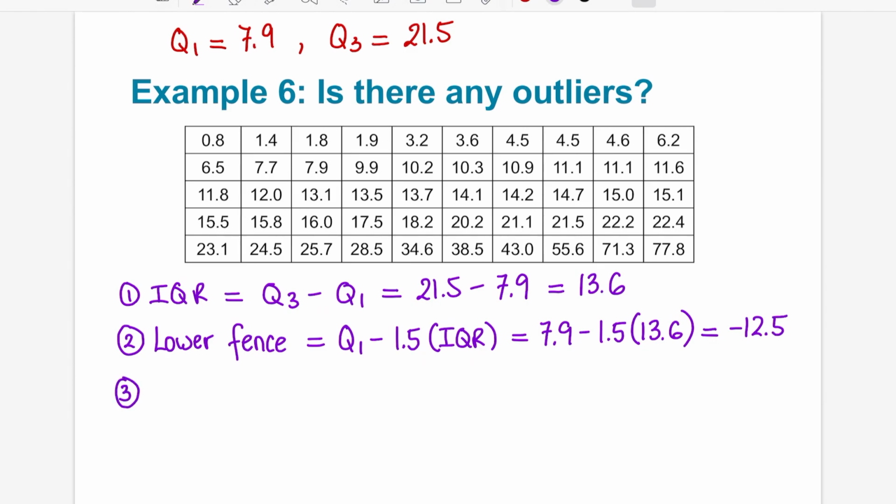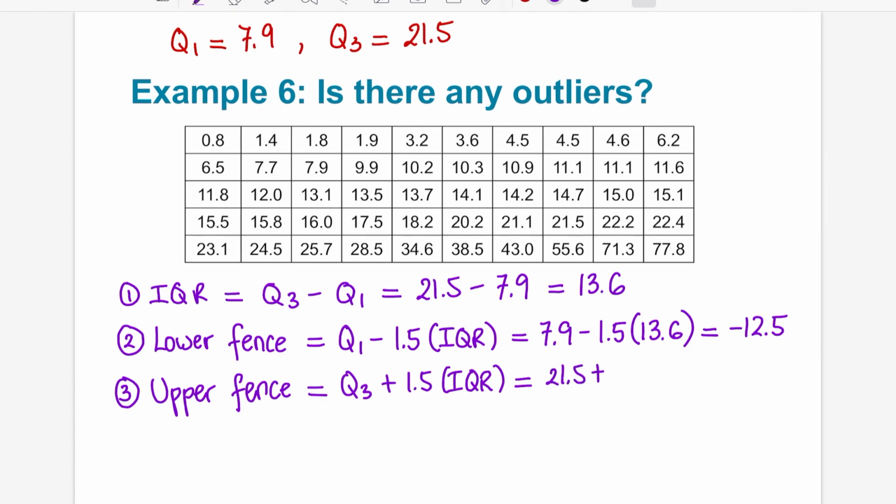Step 3 is to find the upper fence, or the upper outlier boundary, Q3 plus 1.5 IQR, which is 21.5 plus 1.5 times 13.6, which is 41.9.